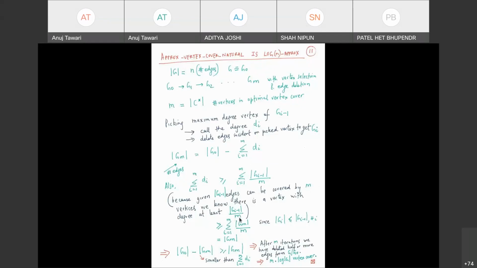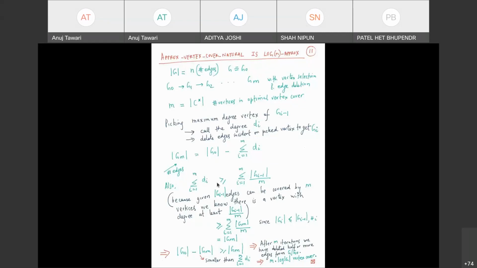Because if it was covering fewer than this number of edges, then the total number of edges covered would be less than G_{i-1}, and that would be a contradiction. So there is a vertex with degree at least this much, G_{i-1} divided by m.